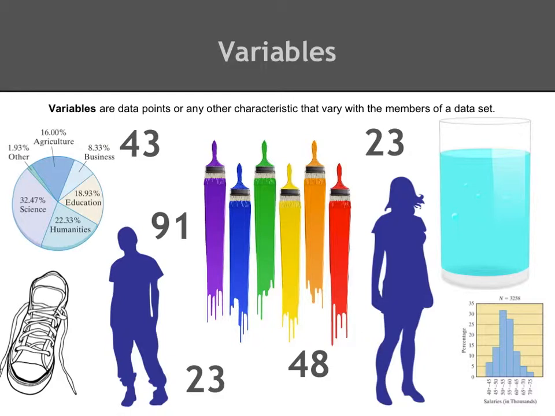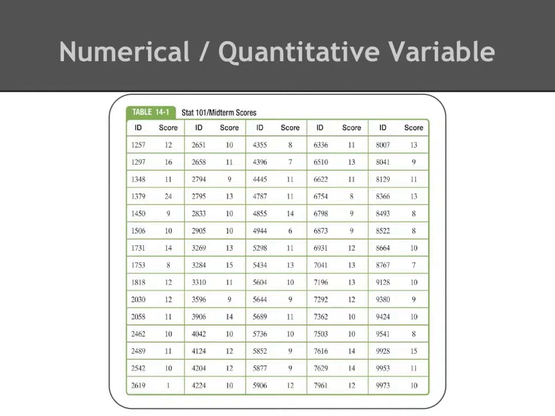Some variables can be numbers, colors, gender, enrollment, salaries, or anything else that changes with the data set. The variable that we will look at in Table 14-1 are the test scores of students in a make-believe Stat 101 class. Each test score varies with each student.